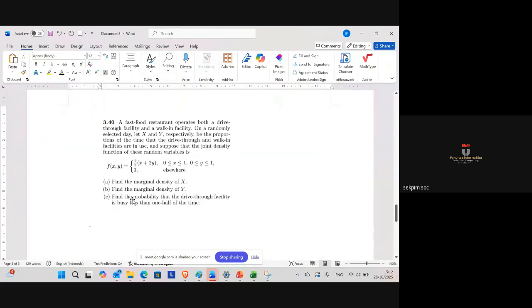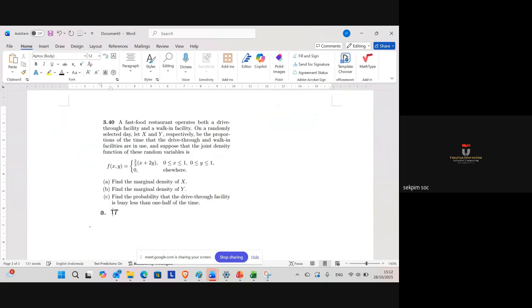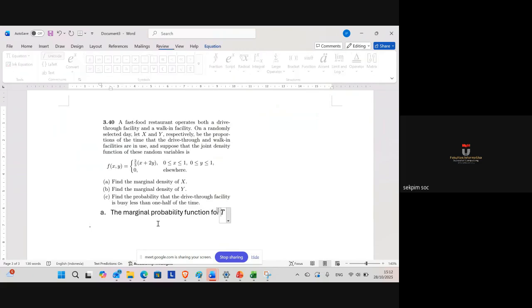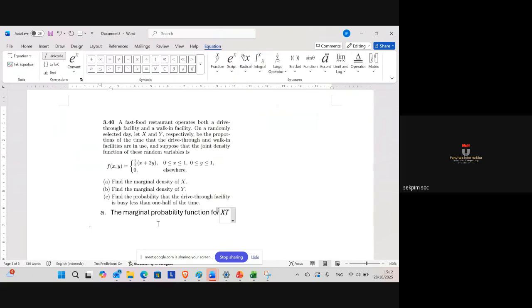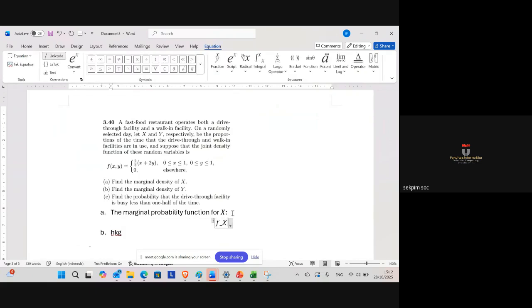And here, we need to find the marginal probability function for x. So the definition of the marginal probability function for x is f of x, right?